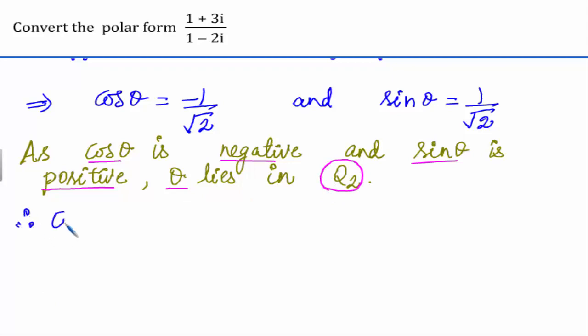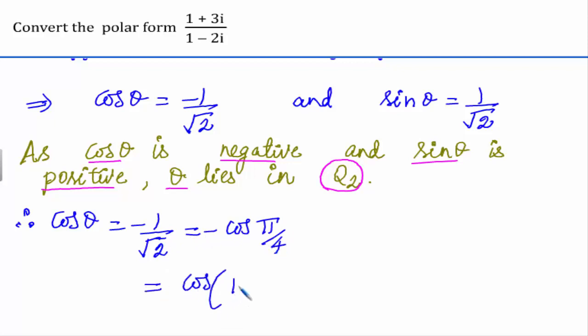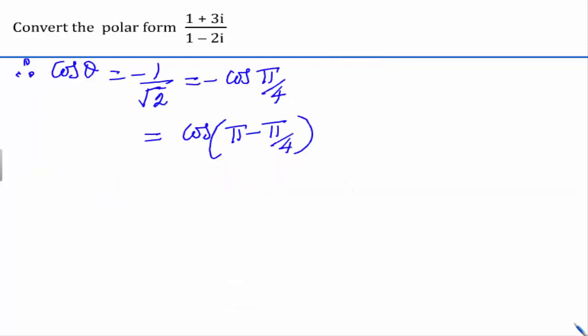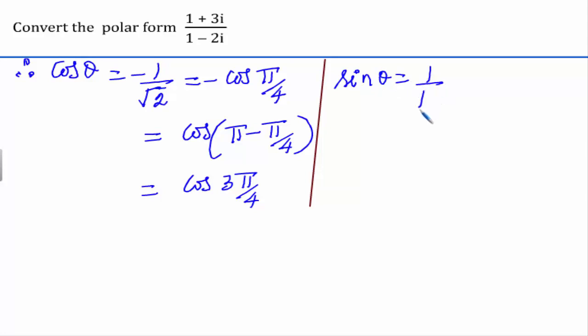Therefore, cos theta is equal to minus 1 upon root 2 is equal to minus cos pi by 4. This will be equal to cos pi minus pi by 4, since theta lies in the second quadrant. This will be equal to cos 3 pi by 4. Also we have sin theta is equal to 1 upon root 2.